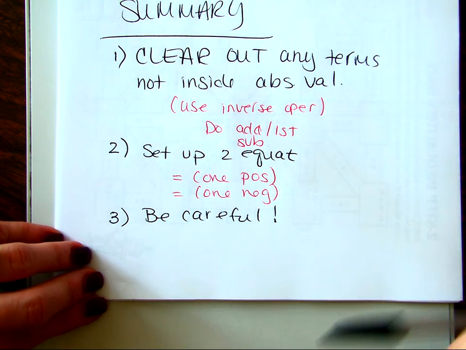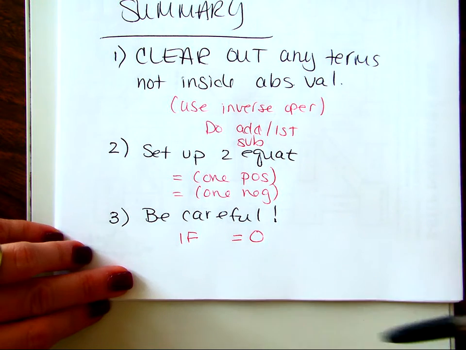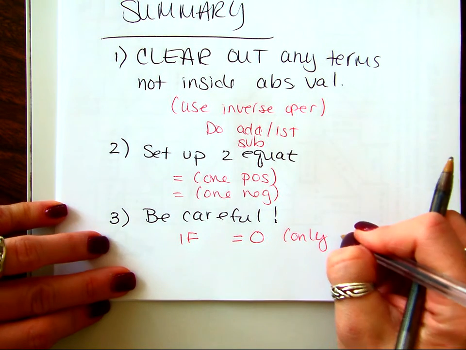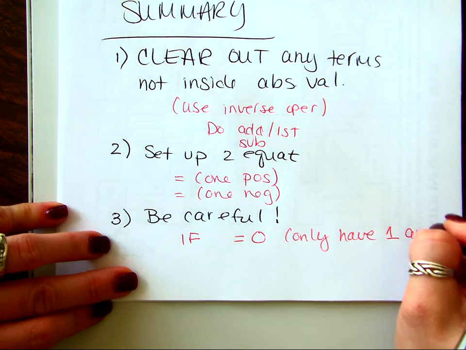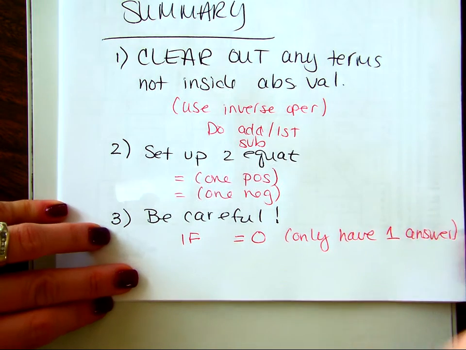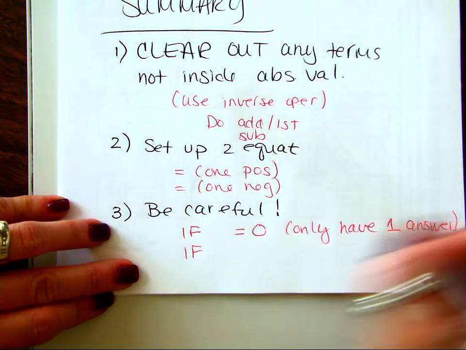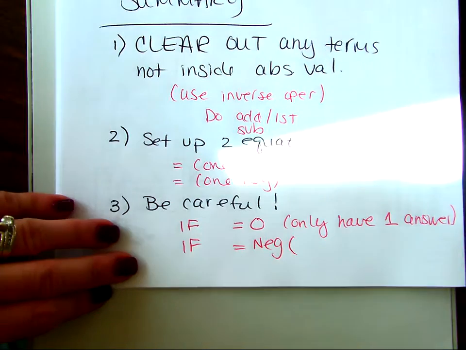And that means if it equals 0, you're only going to have how many answers? 1. Because 0 is not negative. If it equals a negative number, how many solutions are you going to have? None.